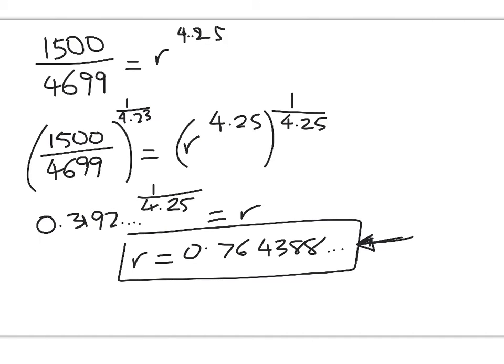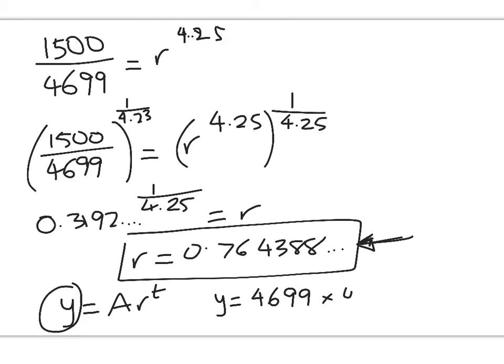So now we're going to use our formula, which is y equals a times r to the t, and we're just going to work out what is y when t is 6. So y is equal to the original price, 4,699, times 0.764 blah blah blah to the power of 6.